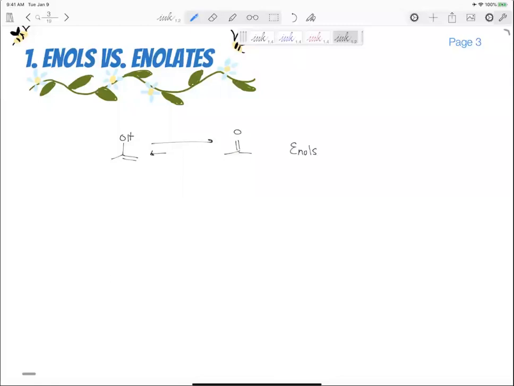Now, for enolates, though, enolates, on the other hand, are reactive, right? They are hiding a nucleophile through here.